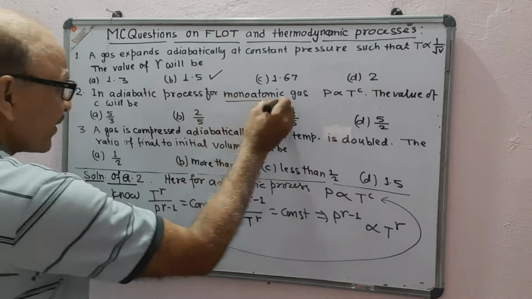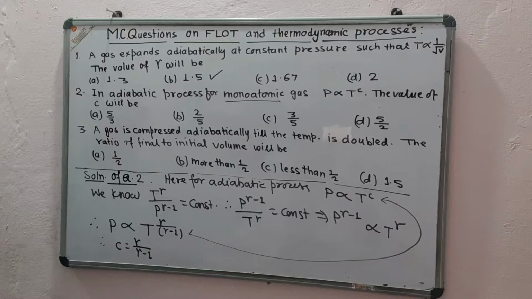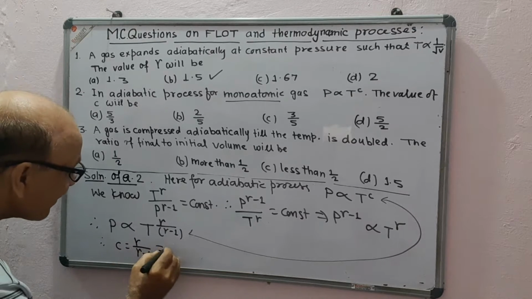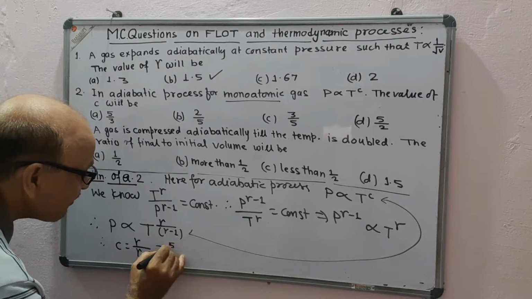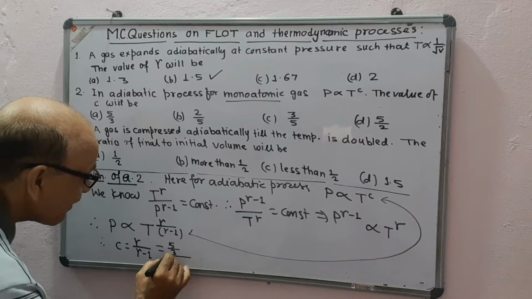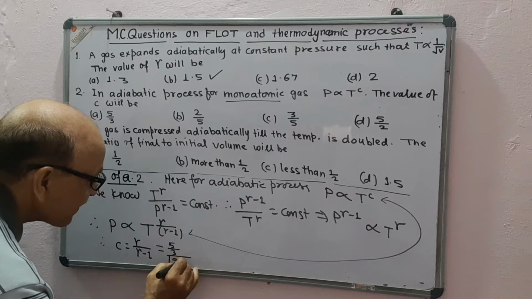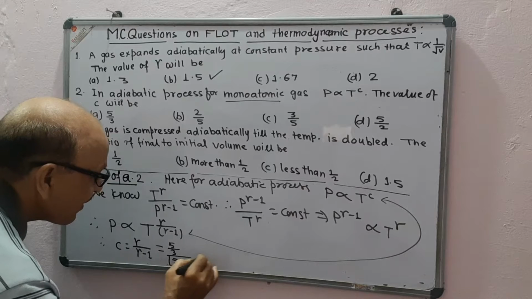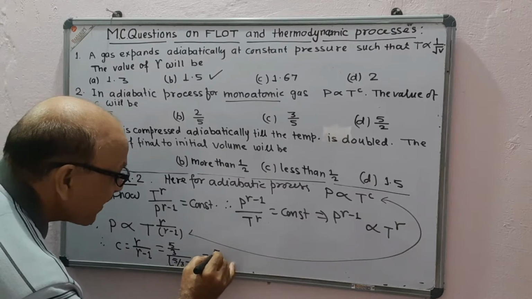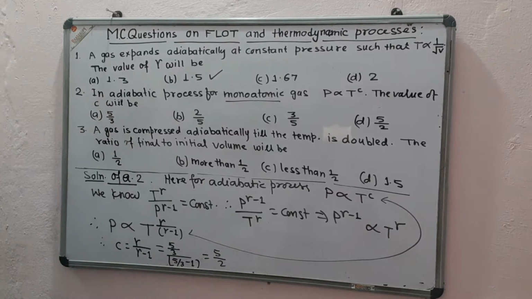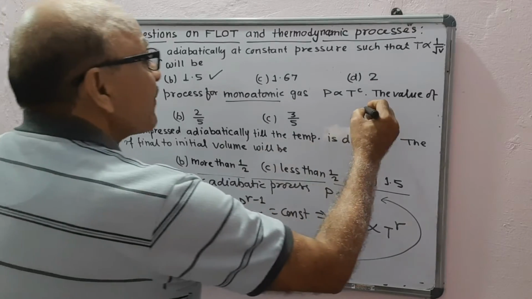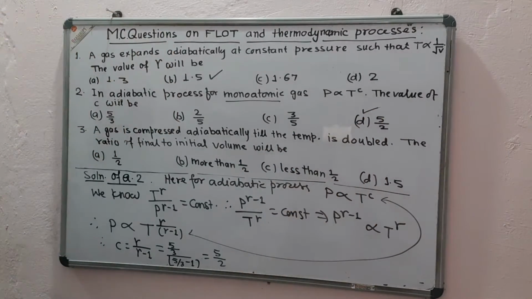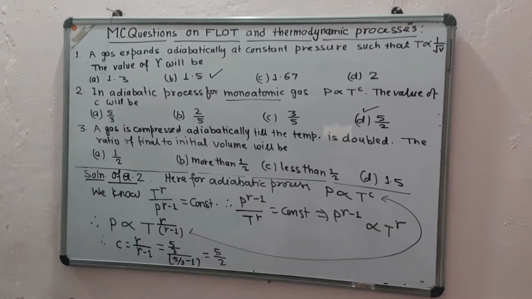Here for a monoatomic gas, gamma is 5 by 3, therefore 5 by 3 upon 5 by 3 minus 1, which gives 5 by 2. Therefore, the correct answer will be this one. Next we come to question number 3.